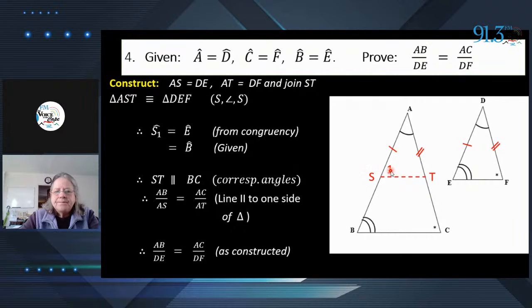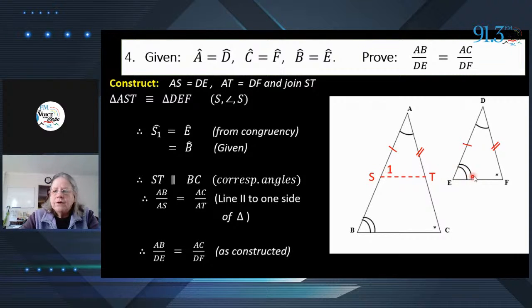Now we can say S1 is equal to angle E, because we've just proven congruency. So that angle must be equal to that angle.